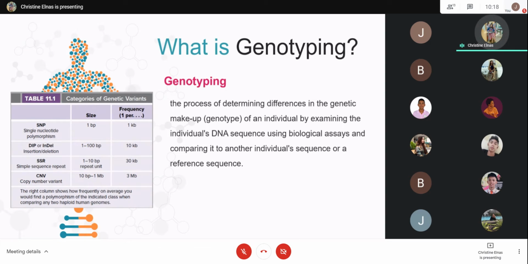In doing this, scientists look for information on genetic variants, which occur in several types: the SNP, the indel, the SSR, and the CNV. These could be the genetic markers that will be used by the scientists to look for the information.